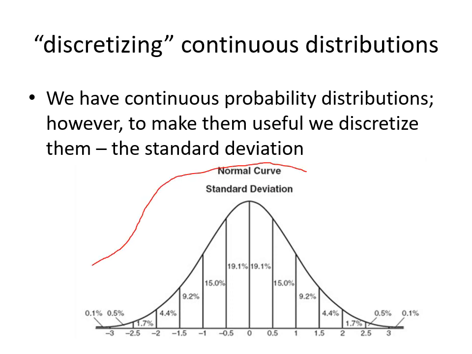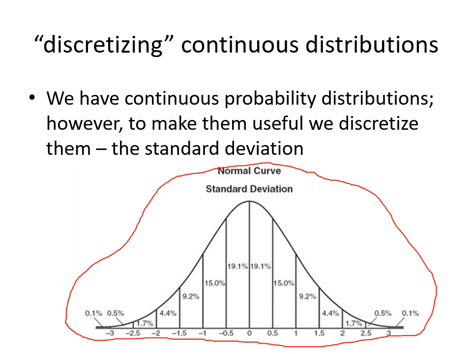Here's the bell curve or the normal curve or the normal distribution, whatever terminology you want to use. Okay, and we don't say what's the probability of hitting exactly this value here. We say, oh, well, in one standard deviation, 68% of your samples should fit within one standard deviation.